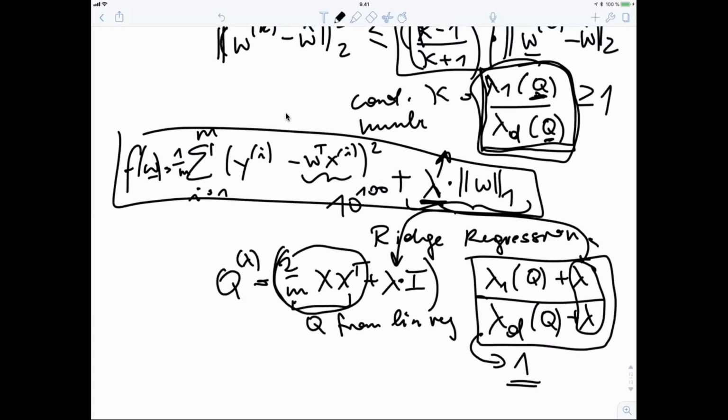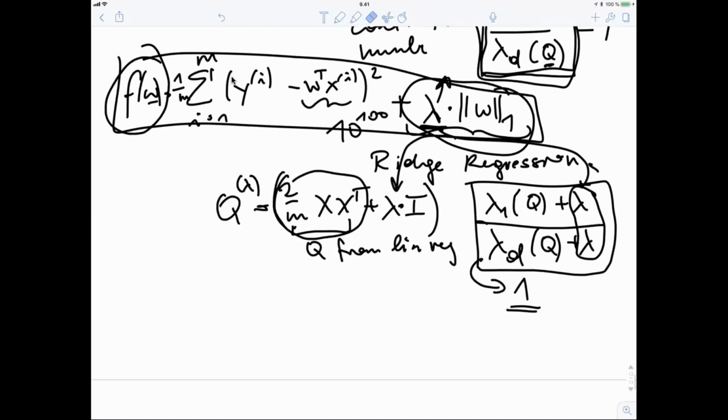Does anybody know why we cannot use gradient descent to minimize the objective function of lasso? Excellent, because this 1 norm is not differentiable. If you look at one weight, the 1 norm has a corner, and at this corner we cannot find a perfectly fitting tangent hyperplane. However, we can use something called subgradients instead of gradients, which are a generalization of gradients. But today I will only talk about gradient descent.